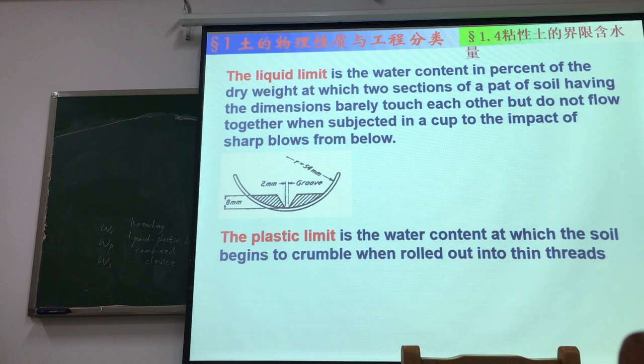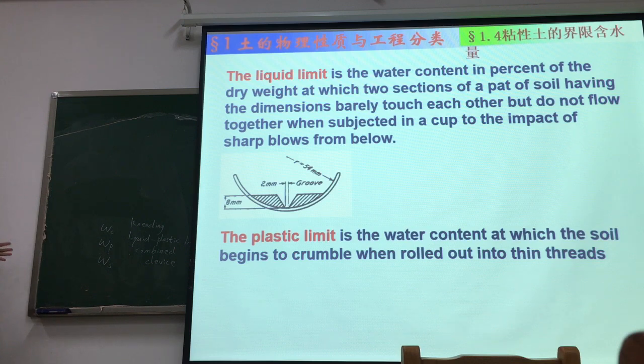When we conduct this rolling method, first we should prepare a soil sample, to mix dry soils with water and to produce various kinds of water content samples. Okay?